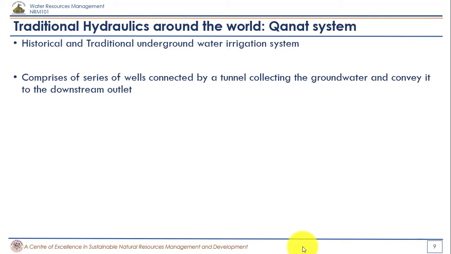So this is combination of irrigation system as well as underground water system. So what it does is basically the underground water is being tapped, and that tapped water is used for irrigation system.